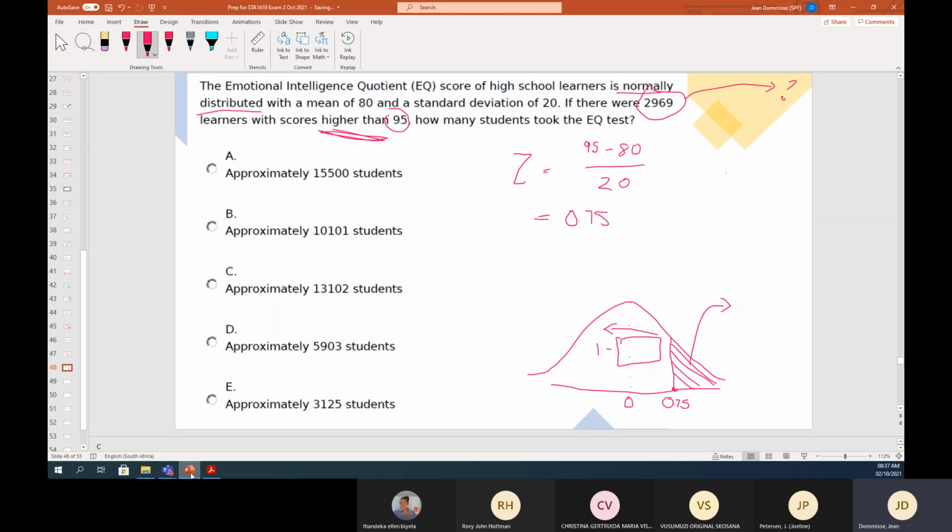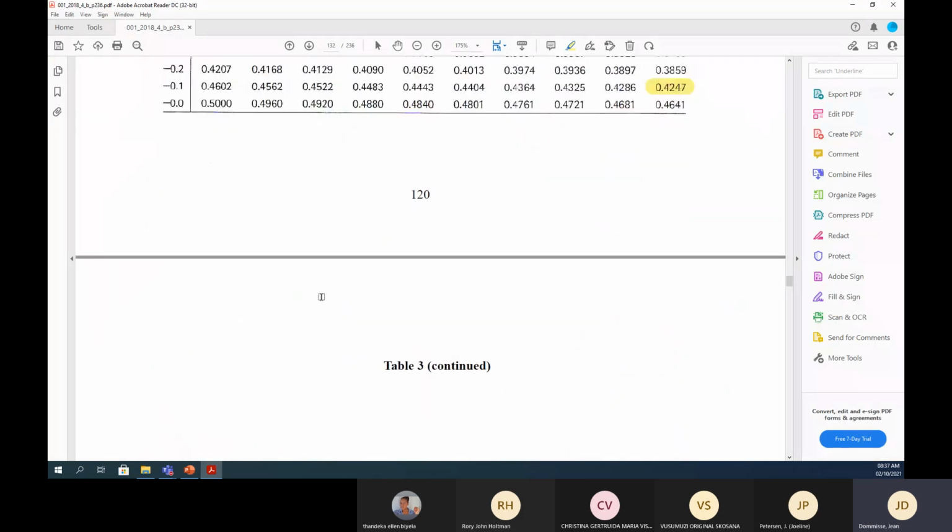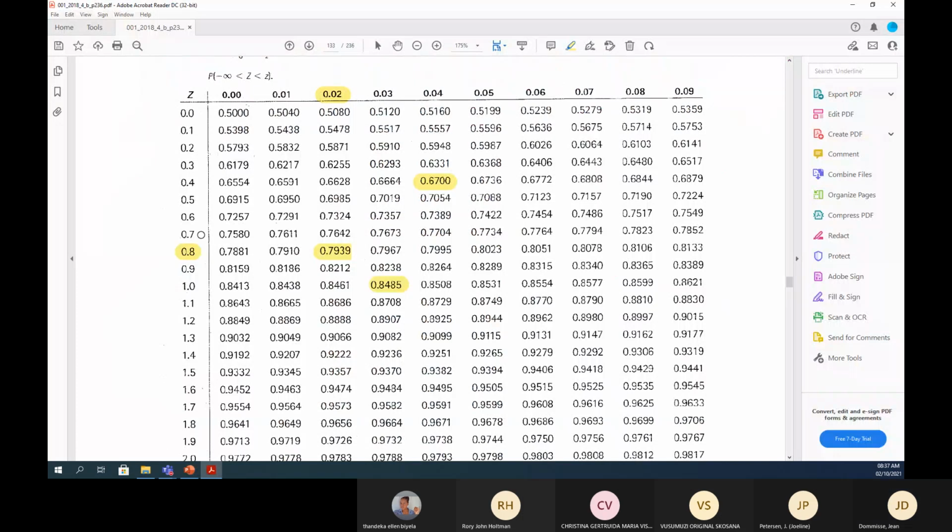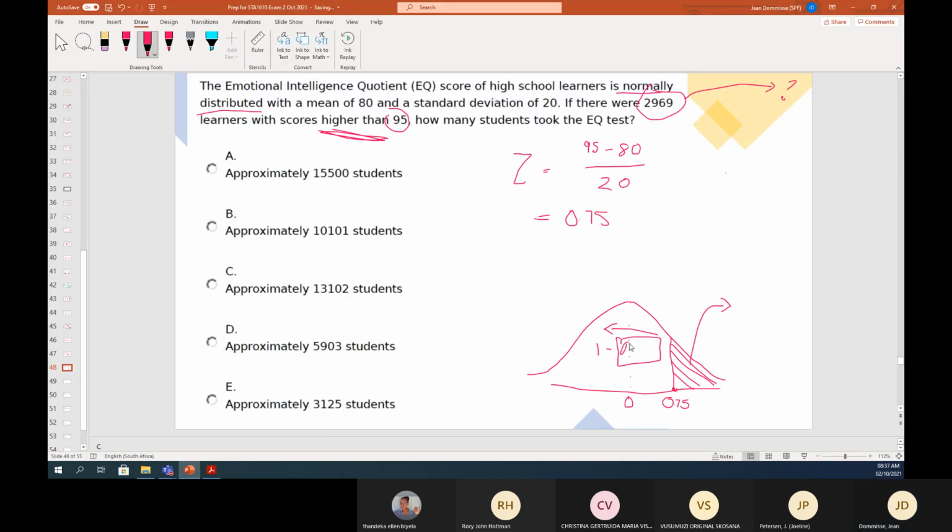So let's do that. 0.75, 0.7734. So if we say 1 minus 0.7734, we get that probability of 0.2266. Okay, so that area is 0.2266.